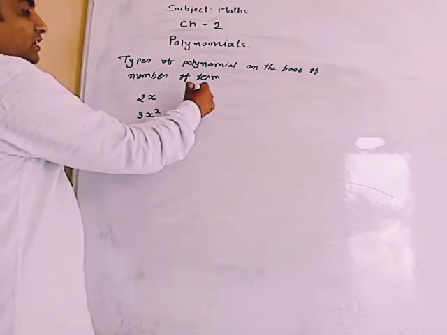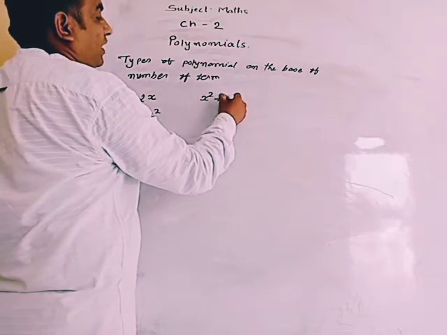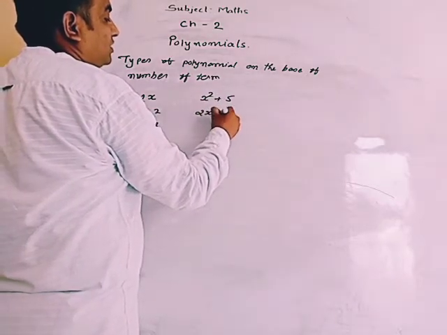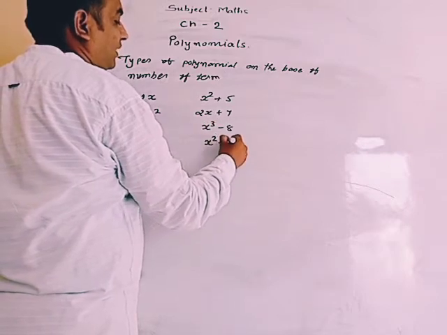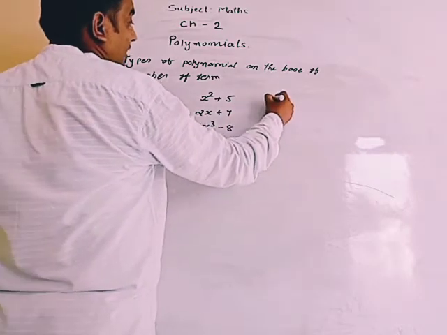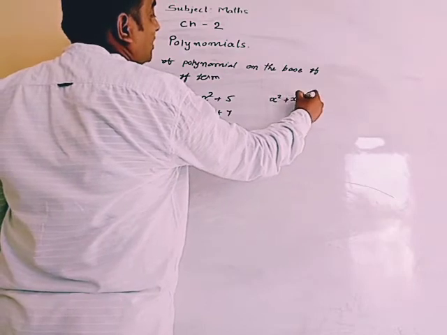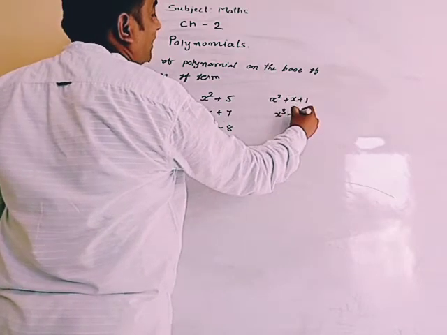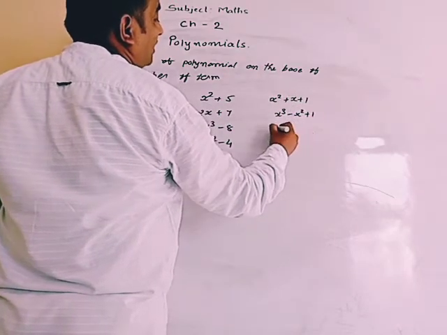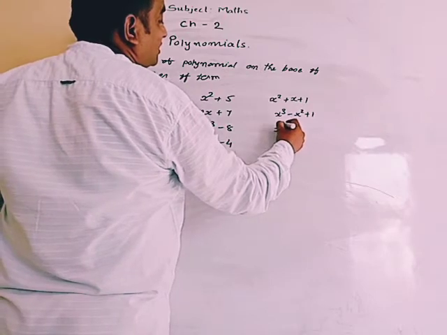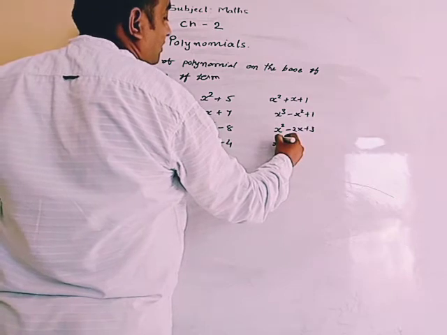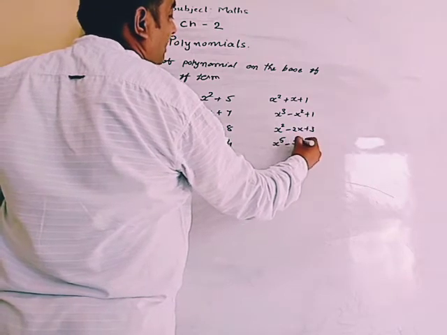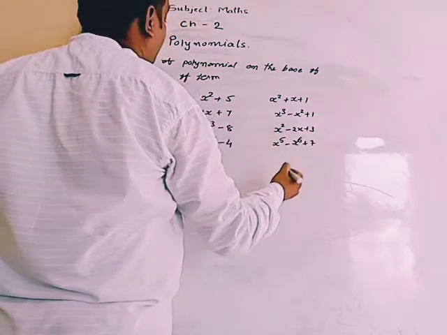Here I write x square plus 5, 2x plus 7, x cube minus 8, x square minus 4. Here I write x square plus x plus 1, x cube minus x square plus 1, x square minus 2x plus 3, x raised to 5 minus x raised to 6 plus 7.